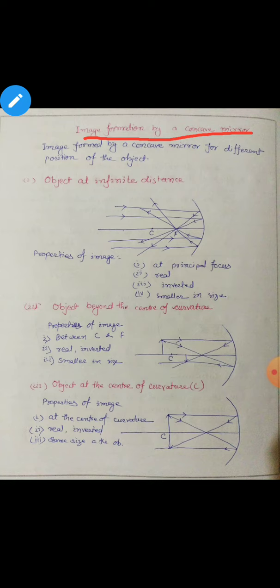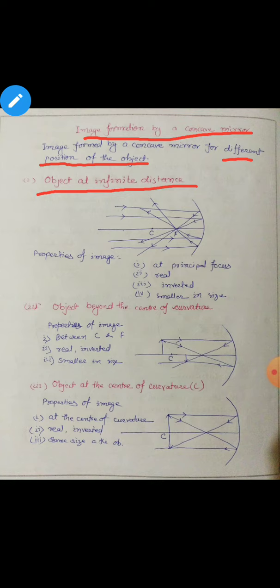We will discuss here the different positions of the object in front of the concave mirror. The first position is when the object is at infinity, or infinite distance. For example, the sun from us is at infinite distance, that is, at infinity.